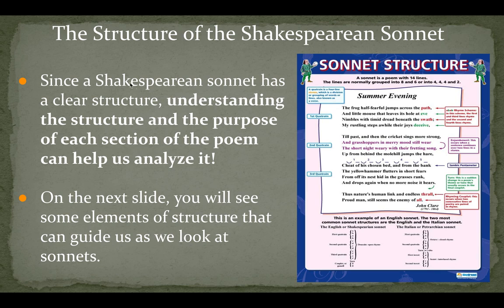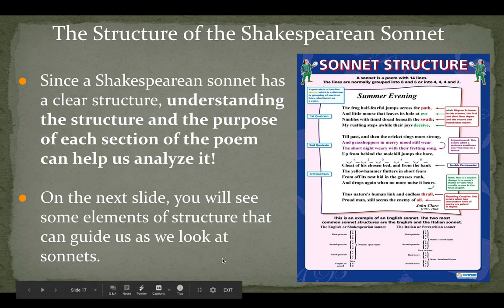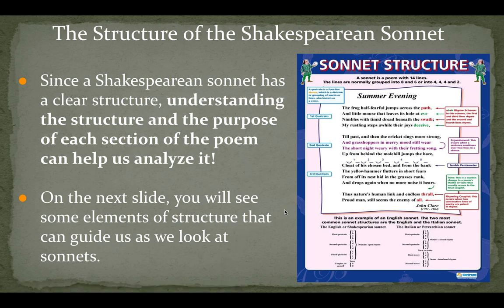So once again, since a Shakespearean sonnet has a clear structure, understanding the structure and purpose of each section can help us analyze the poem. Okay, so we're going to be going over some elements of structure that can guide us as we look at sonnets.